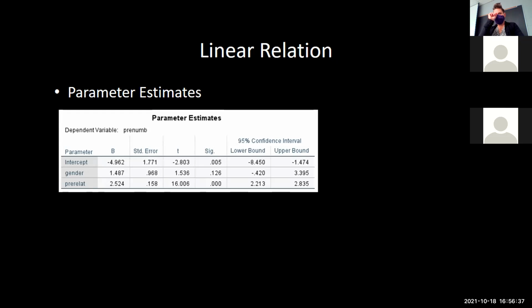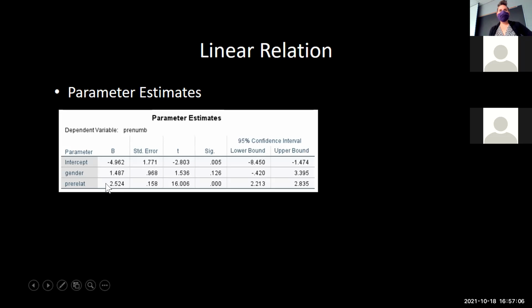Here are our parameter estimates. We see that their intercept here, which is, I didn't put it in, so I'm going to say it out loud. When gender is 0, and when the number of words they know is 0, our expected score on numbers is about -5.